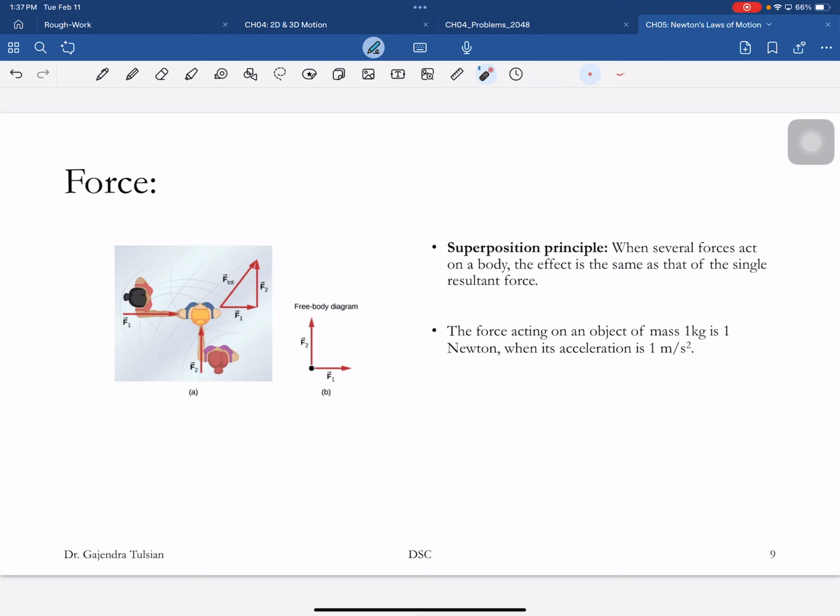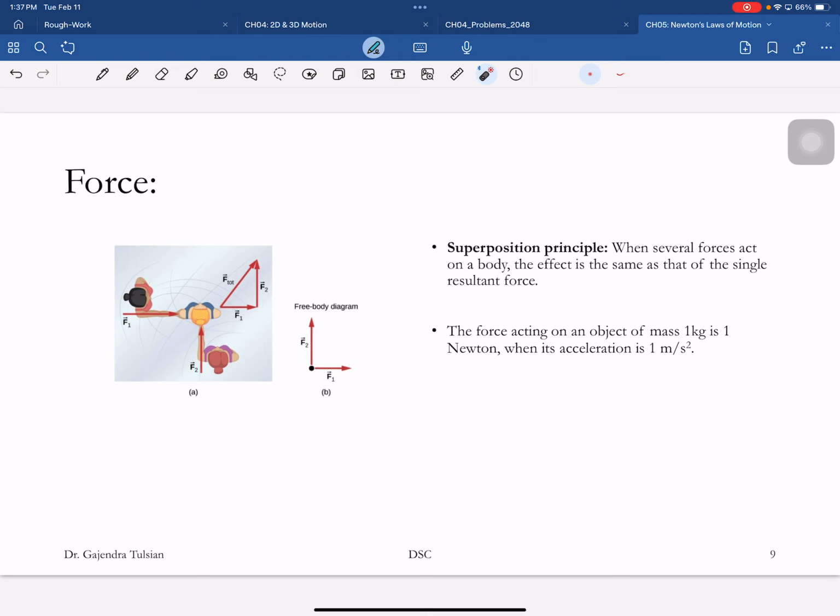Force, the superposition principle. So this girl is applying a force on her, and she's applying a force on her. The net force is the sum of this force plus this force. That's the total force.